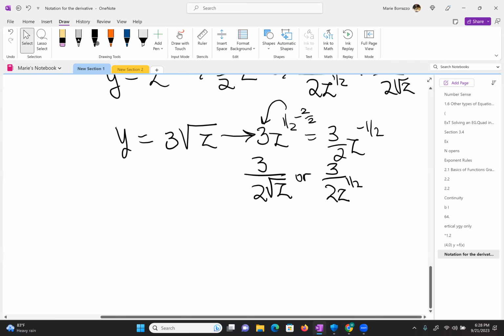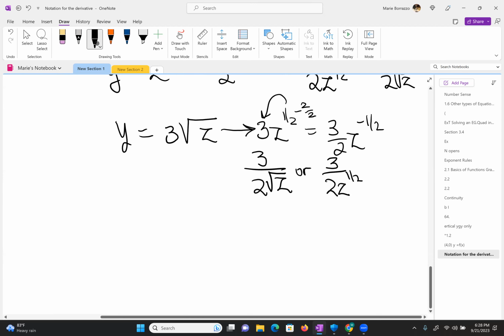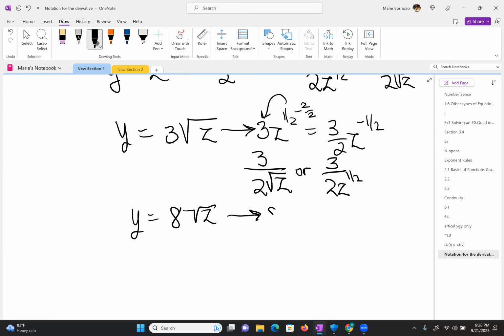Okay. Let's do, let's see if I can get you a good one. Let's do y equals 8 square root of z. So I'm just going to re-express this where it's 8z to the positive 1/2.